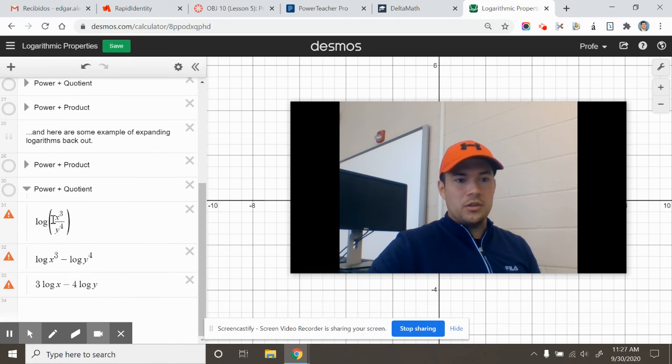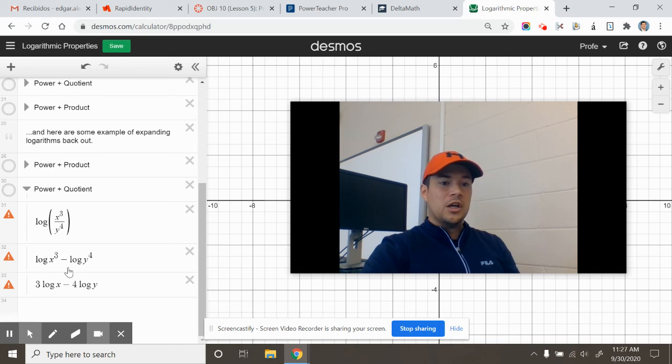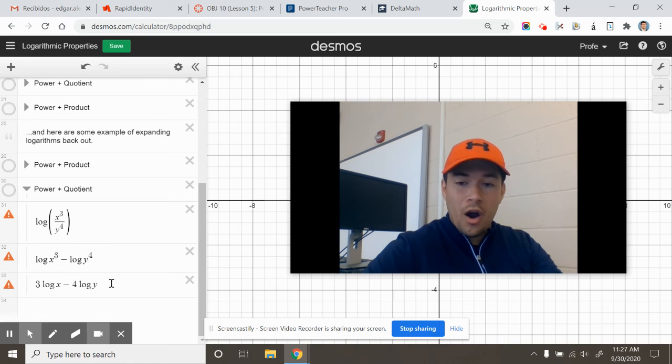So if I have a quotient, log of x cubed over y to the 4th, well, I can break it up into a difference of logs. So that's log of x cubed minus log of y to the 4th. And I can use the power property to write the exponents as factors or coefficients of those logs. So I get 3 log of x minus 4 log of y. And that is your crash course for properties of logarithms.